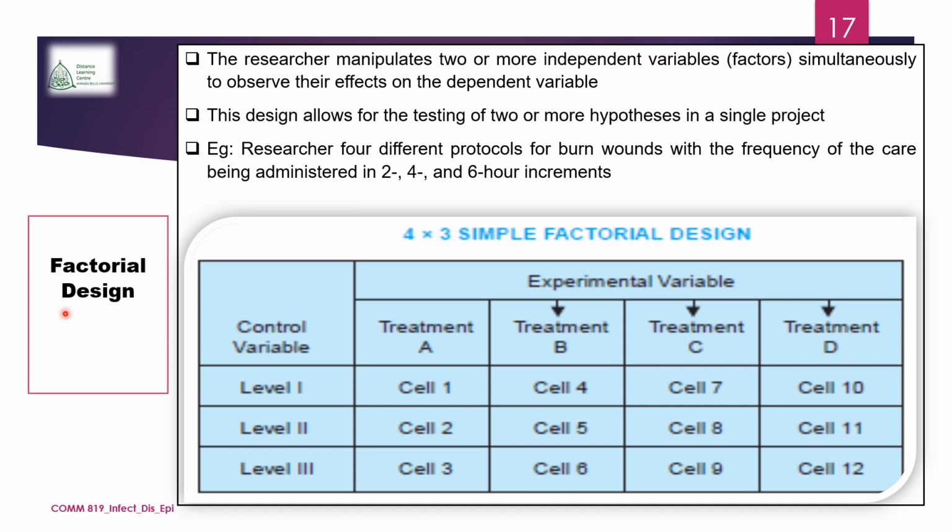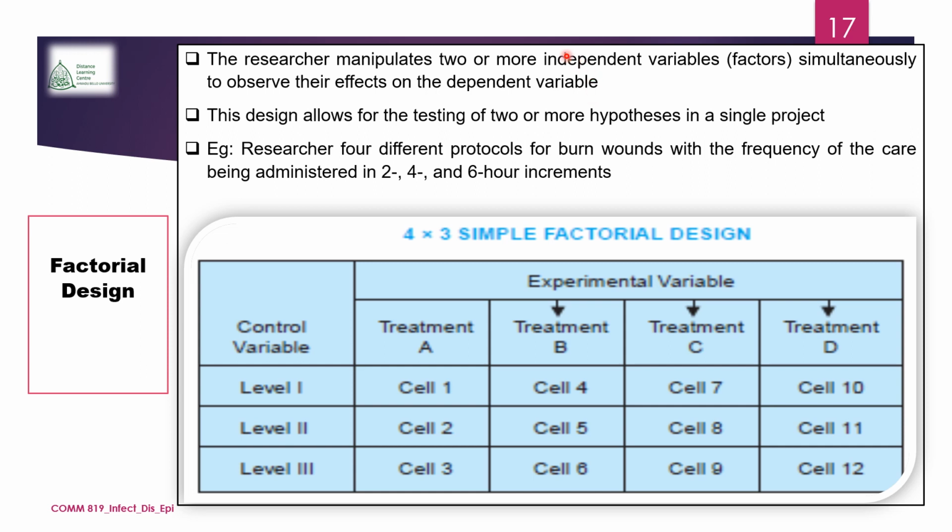Okay, so another experimental analytical design is the factorial design. Here, the researcher manipulates two or more independent variables, which are our factors, simultaneously to observe their effects on the dependent variable.